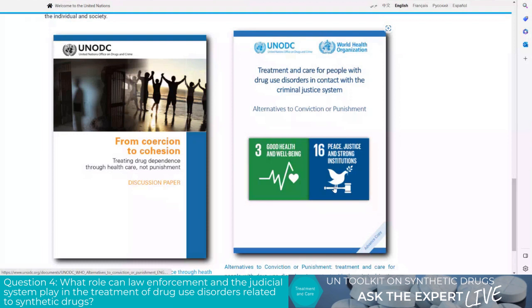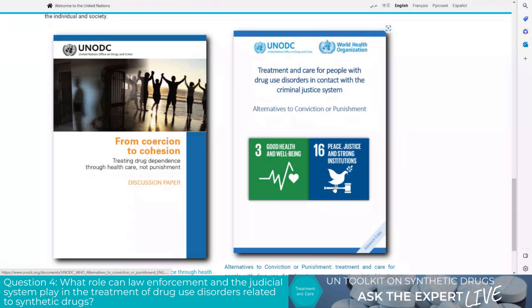And there are very good reasons to do that, because we know from research that providing treatment instead of prison is effective in lowering drug use, lowering overdose, lowering reoffending, lowering prison overcrowding, and it's more cost effective than prison and more cost effective than doing nothing.